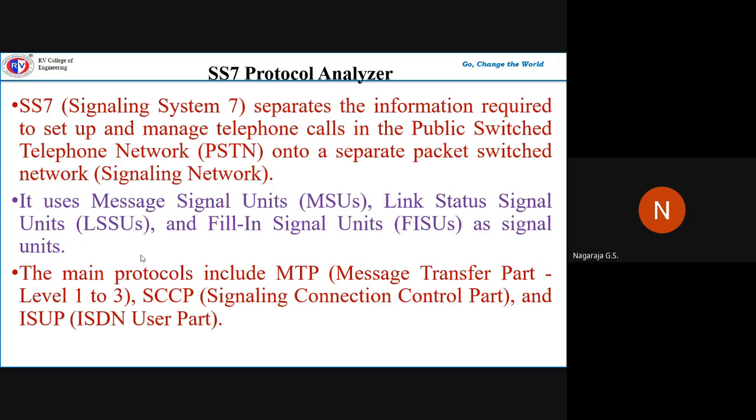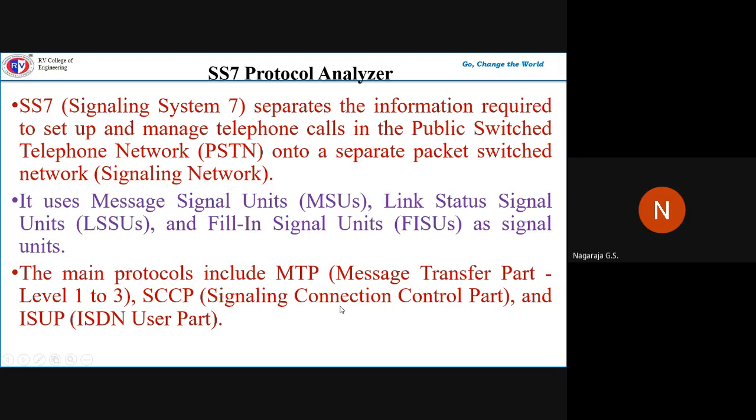You can also do a lot of things because you can have a separate signaling network when you use SS7. The main protocols we use here are MTP, the message transfer part, which is on levels 1, 2 and 3.